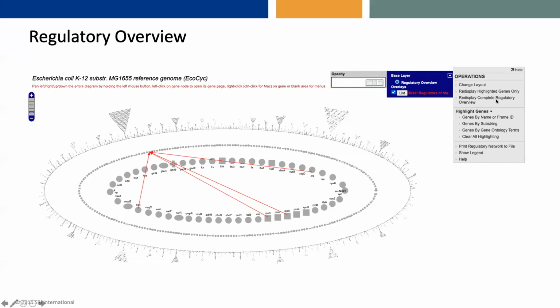We have a right side operations menu, as we do for all of our overviews. We have a data layer box because you can plop a lot of data onto this regulatory overview, and this box gives us control over what is seen. We have opacity, which you'll also find in some of the other overviews.